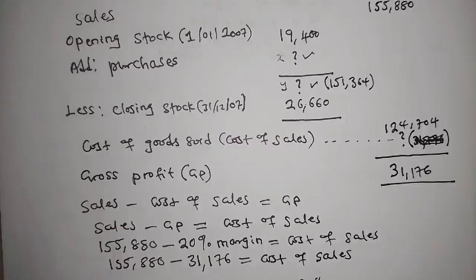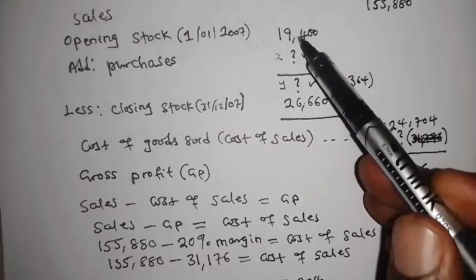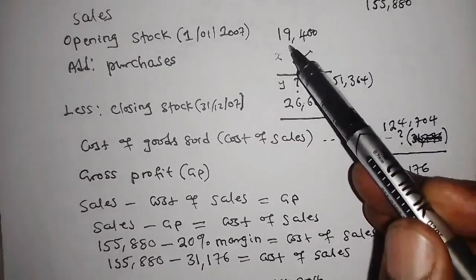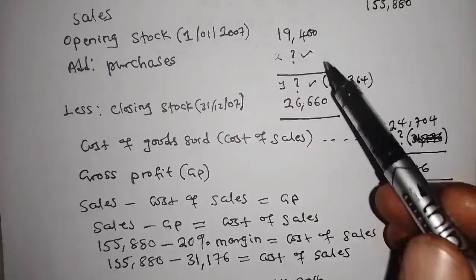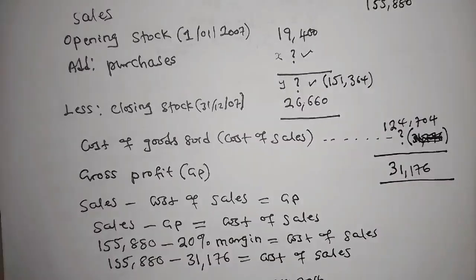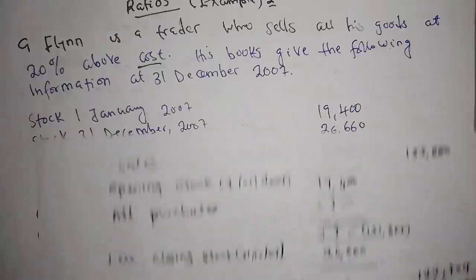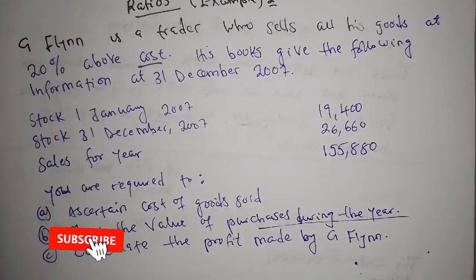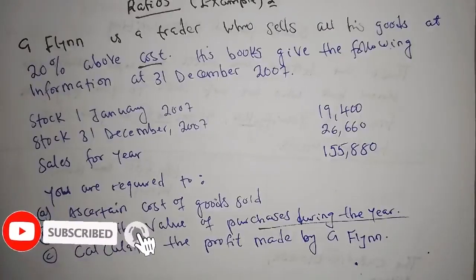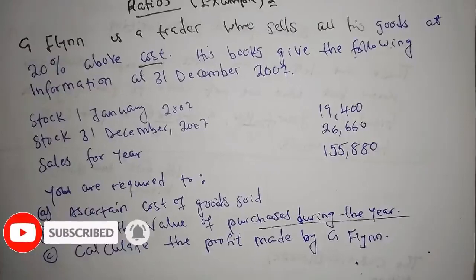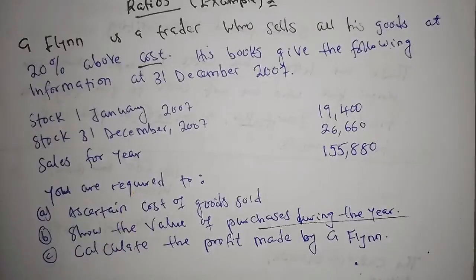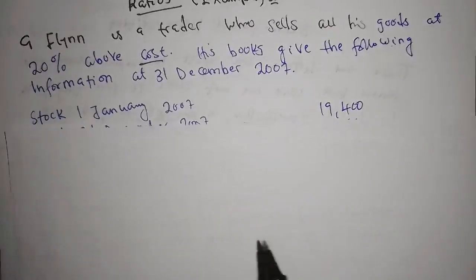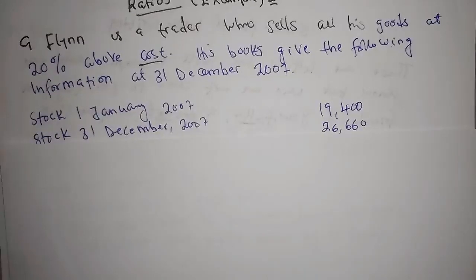The last thing to fix is this value, 19,400 plus x, which gives us this one. Simple arithmetic.